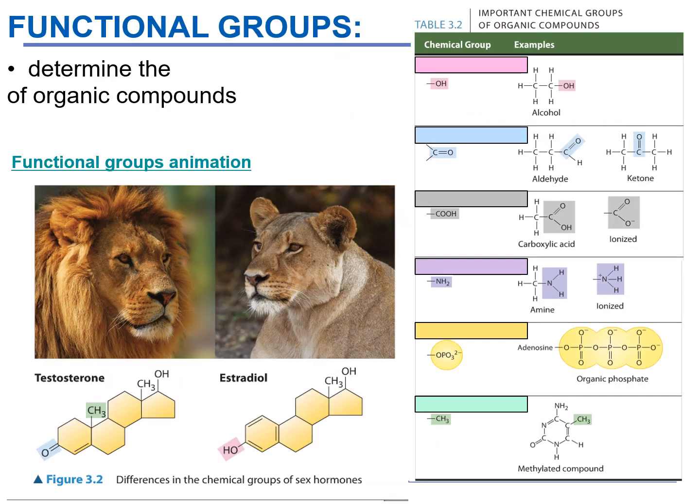Let's quickly look at the functional groups. A functional group determines the properties of organic compounds. The functional groups are the hydroxyl group. In the hydroxyl group, you see the OH right over here.